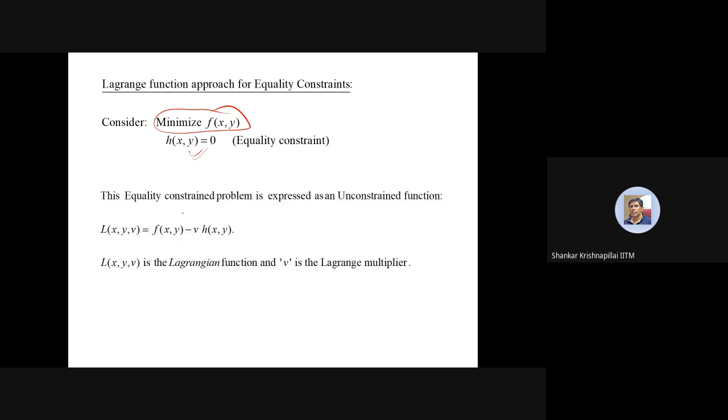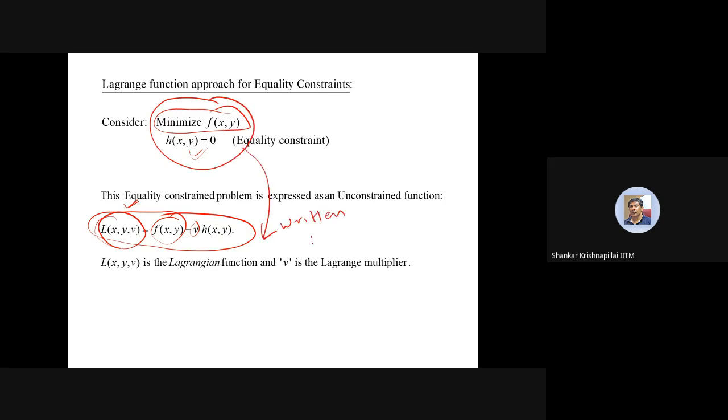The same problem I write like this, and this function is called the Lagrangian, that is L of x, y, nu. So L of x, y, nu is equal to f of x, y minus nu into h of x, y. So this problem is written like this.